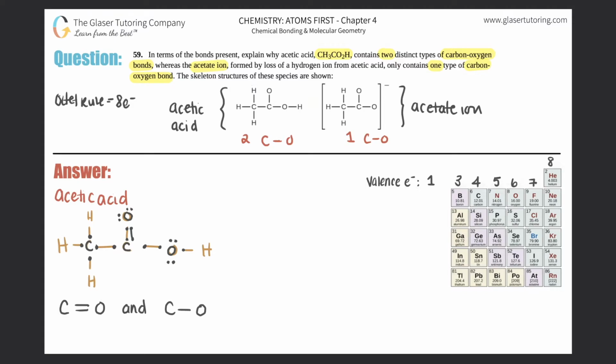Now let's draw the acetate ion. So I'll just put acetate ion. And they gave us the backbone. So let's see. H, C, C, O. And these have hydrogens. And this has hydrogens. And this has the oxygen, right?